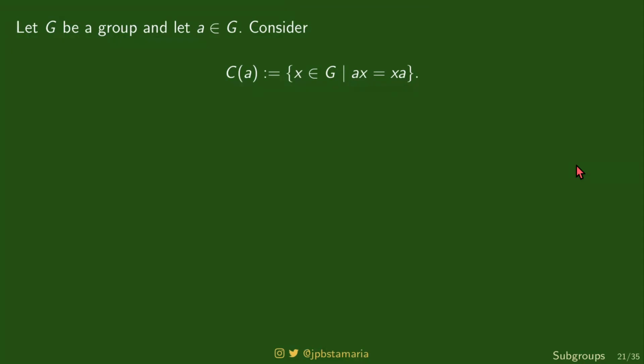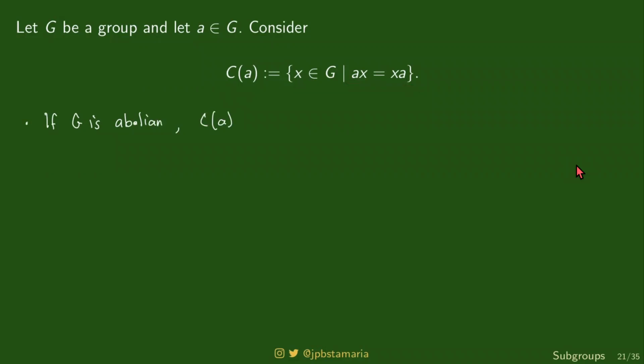So in other words, this is really a special occasion. Before I continue, take note that if G is abelian, anong masasabi natin sa laman ng C of A? Just in case the operation is really commutative, then this equation is always true for any X, right?